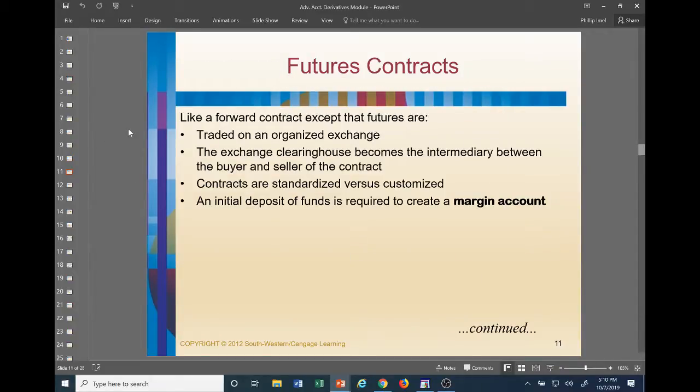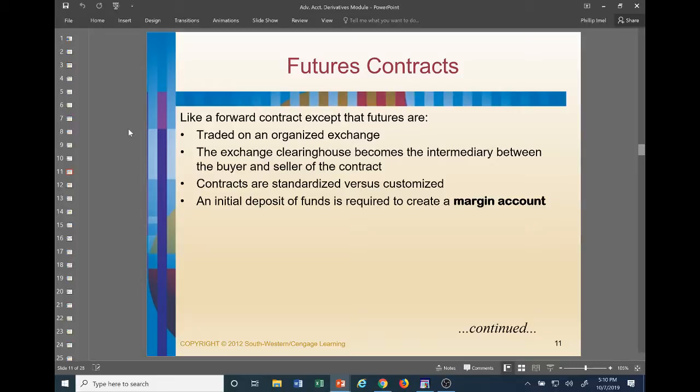So futures contracts. A futures contract is exactly like a forward contract in that it too provides for the receipt or payment of a specified amount of an asset at a specified price with delivery at a specified future point in time. Now the futures contract has the following distinguishing characteristics.